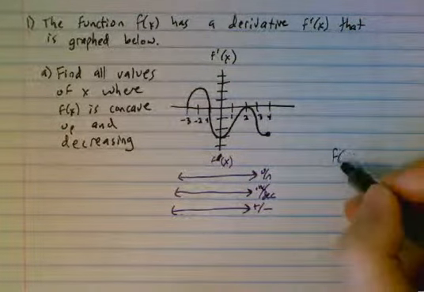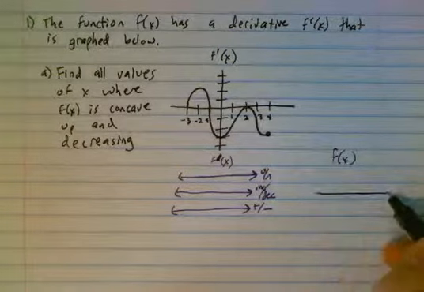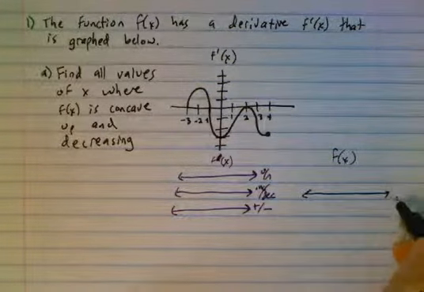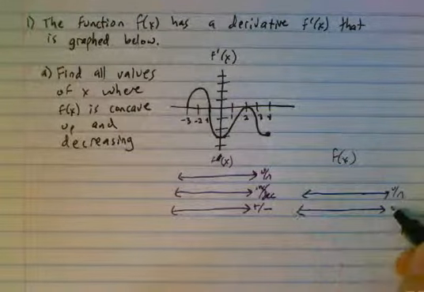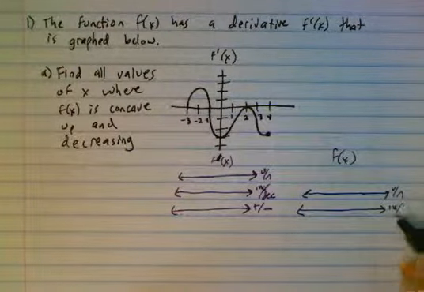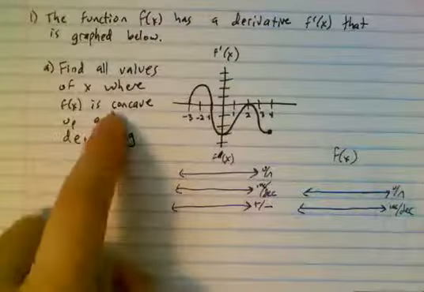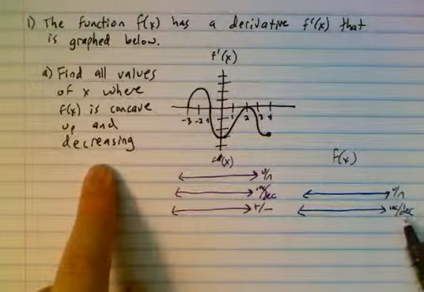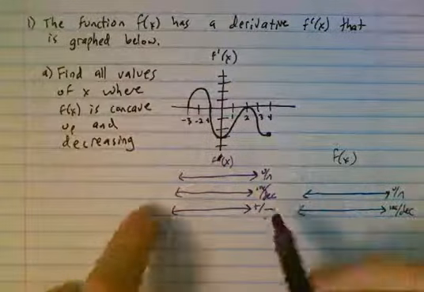And we know that if we translate that over to f of x, we're looking at concavity, we're looking at decreasing, so we need these two lines. We don't need to bother to fill in this top line up here.